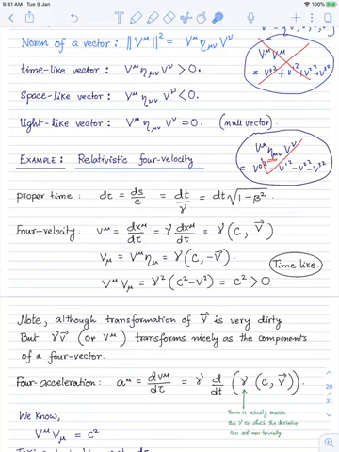Now, because this is related to the time coordinate in the moving frame, it is related by this factor of gamma, where this gamma has the beta, the velocity of the particle.